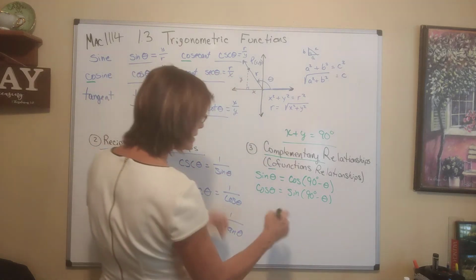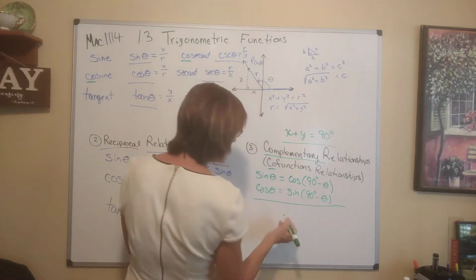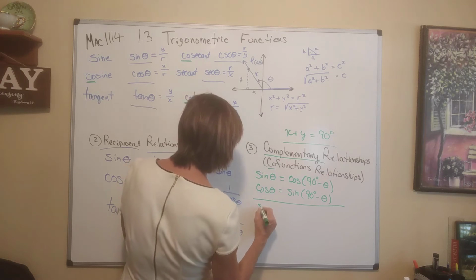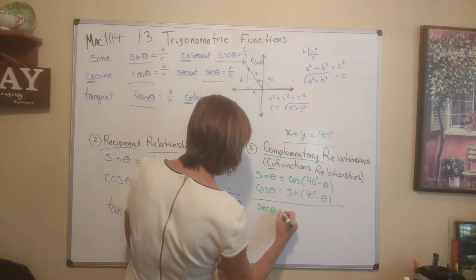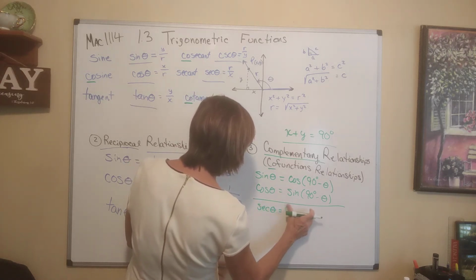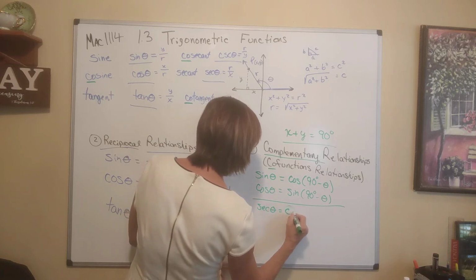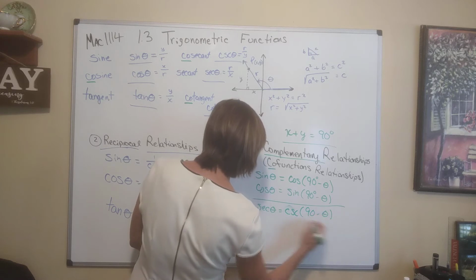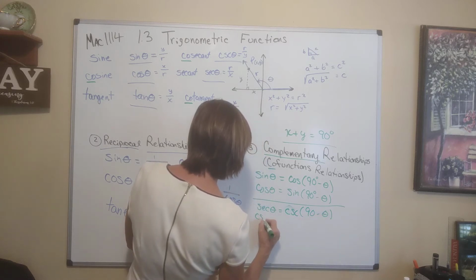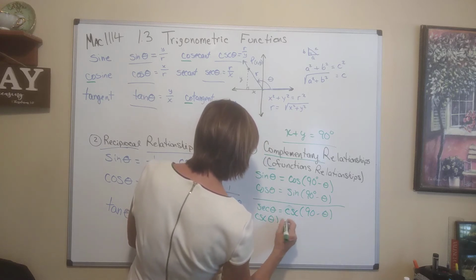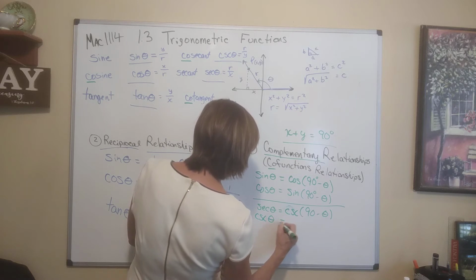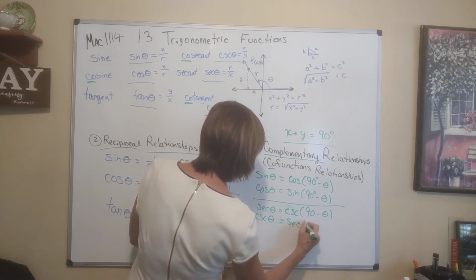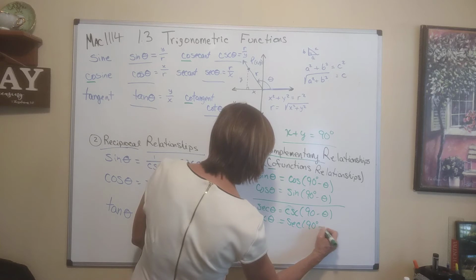Okay? Same thing can be said for secant, cosecant. The secant of some angle is equal to the cosecant of its complement, cosecant of 90 minus theta, and vice versa. The cosecant of theta is equal to the secant of 90 minus theta.